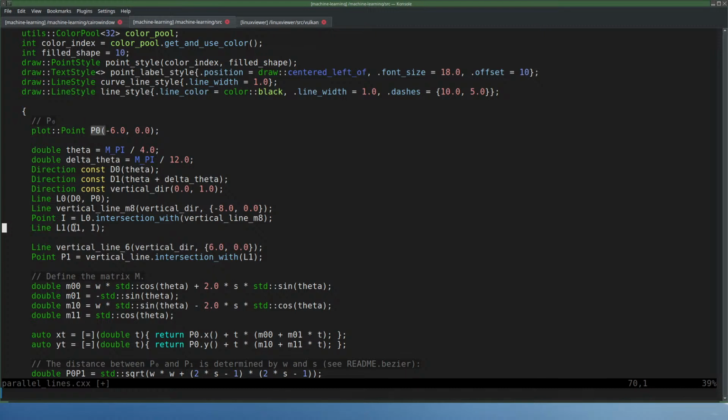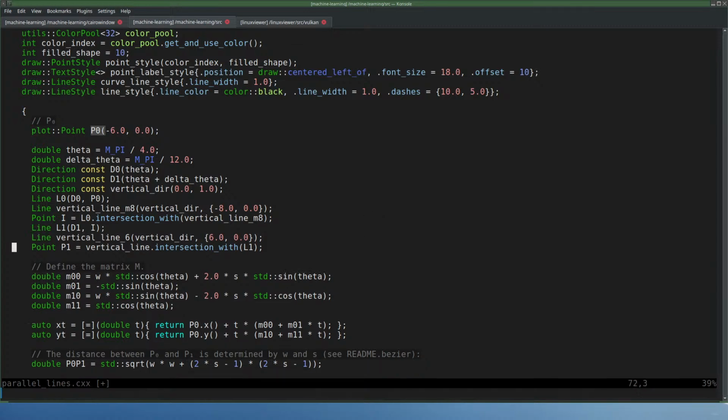Oh, I don't have P1 yet, but I have both lines, so it's then P1. P1 is now the intersection between L1 and let's say the vertical line at 6. So we draw this first.